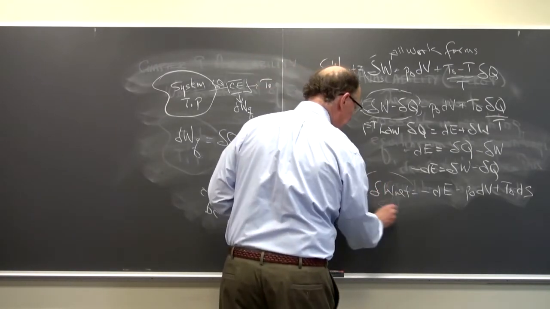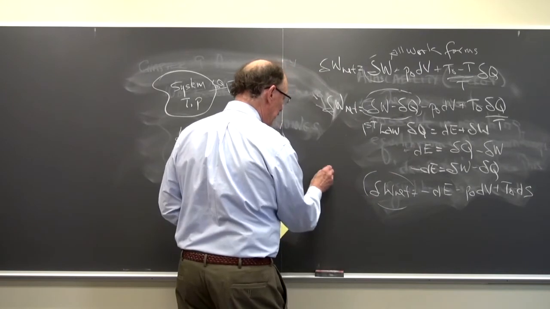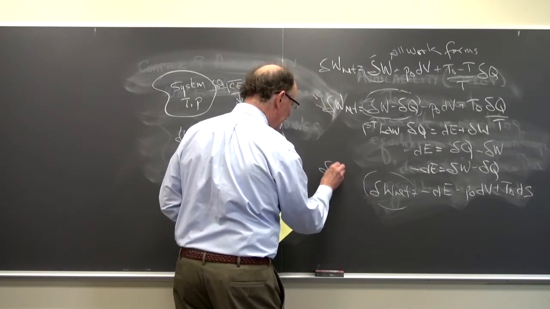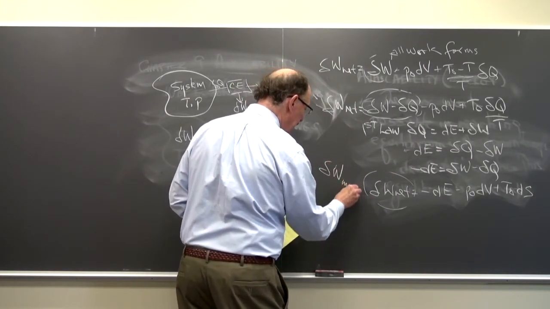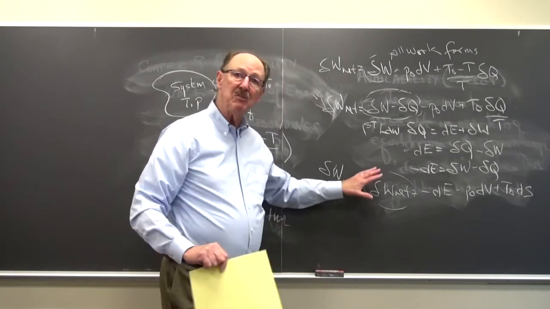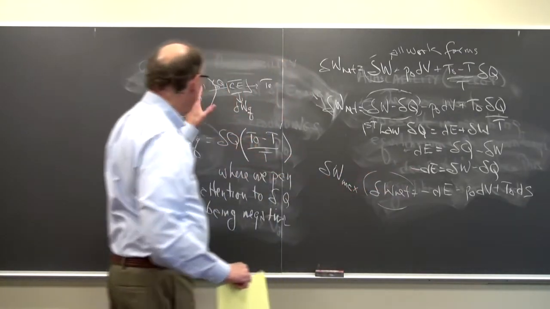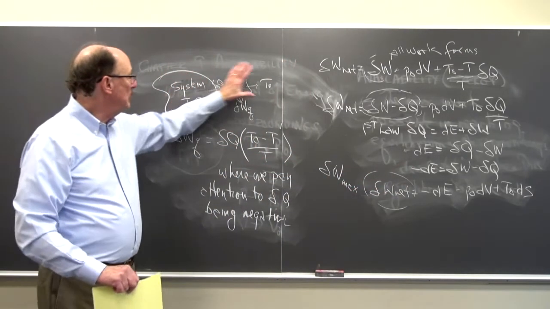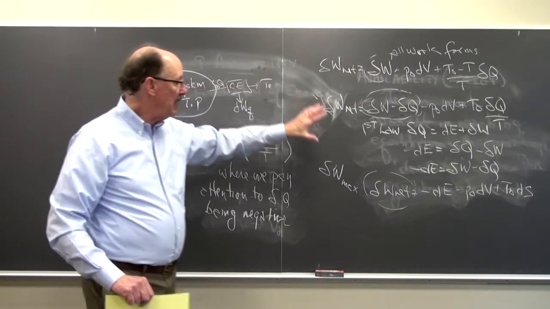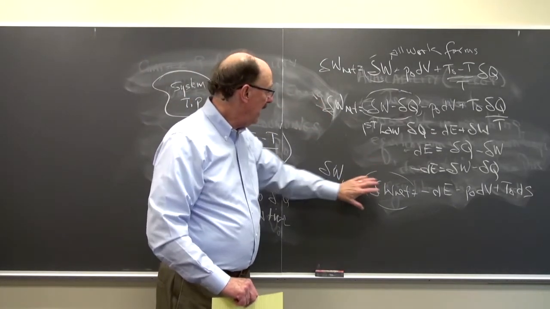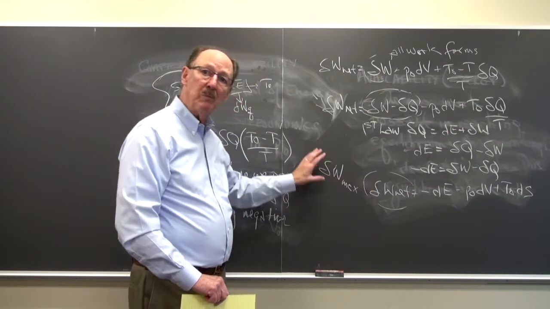So this del W net is equal to del W max. So this is the maximum net work that we could get by interacting with the system, with the surroundings. We're coming up with an expression for it, and it's the maximum work possible.